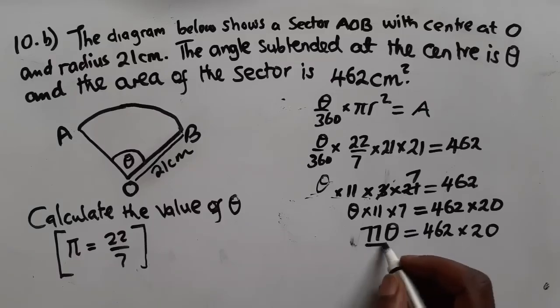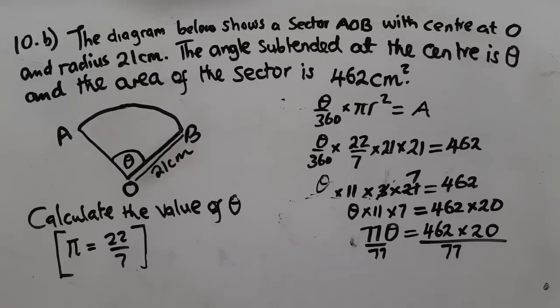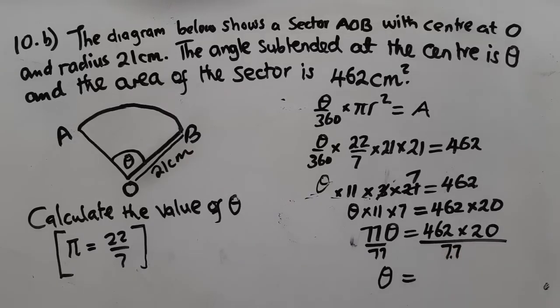So at this point we can divide by 77, even this side 77. So we are going to have theta is equals to, can you divide 77 into 462? How many times?